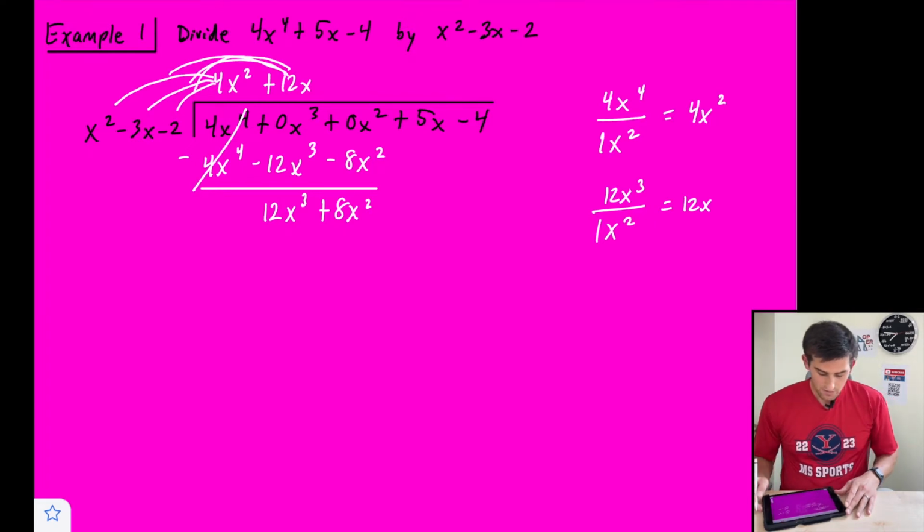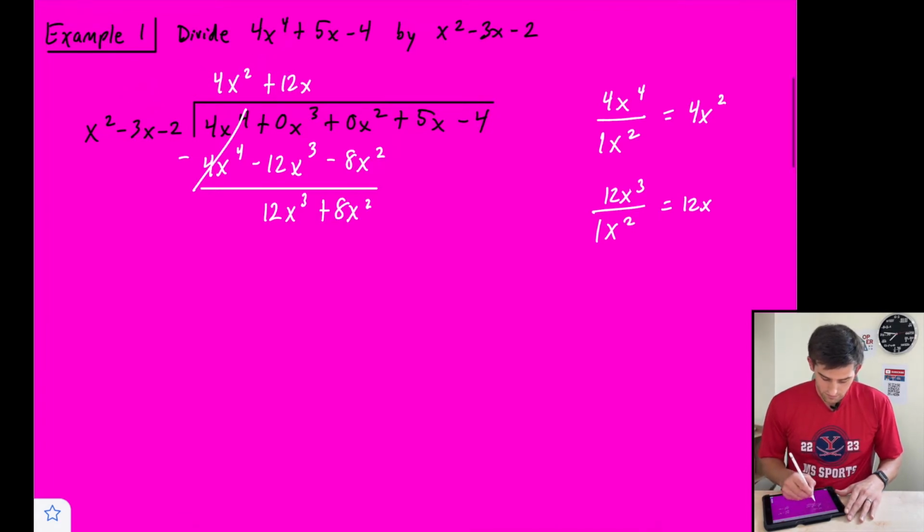I'm going to erase that, it's kind of jumbled. So we have 12x times x squared, which is 12x cubed. 12x times negative 3x, so minus 36x squared. 12x times negative 2, and we have minus 24x.